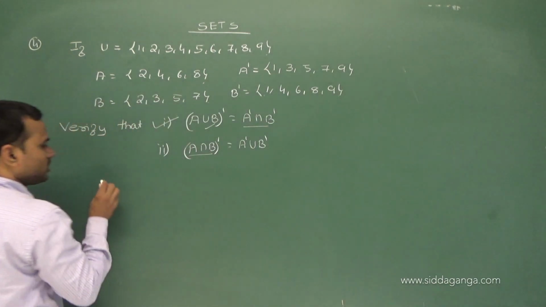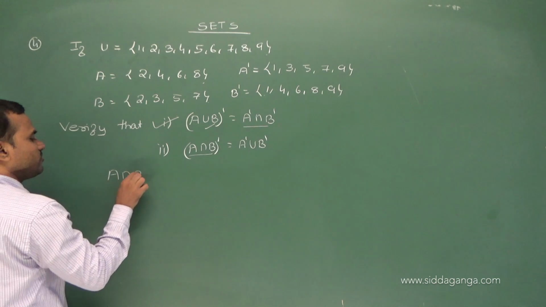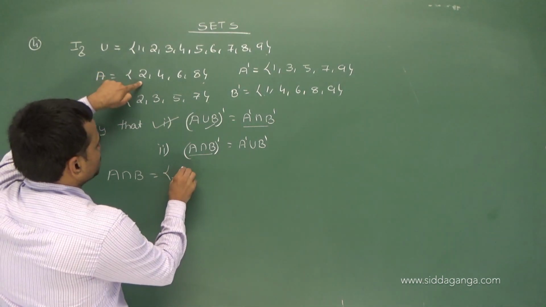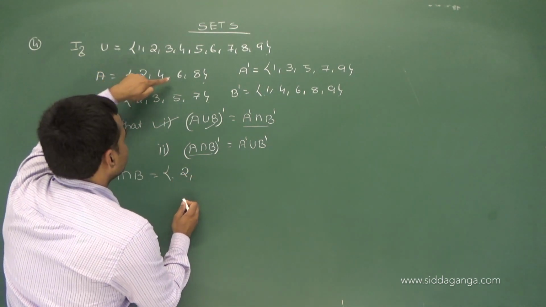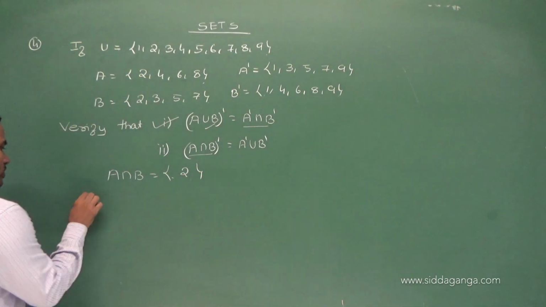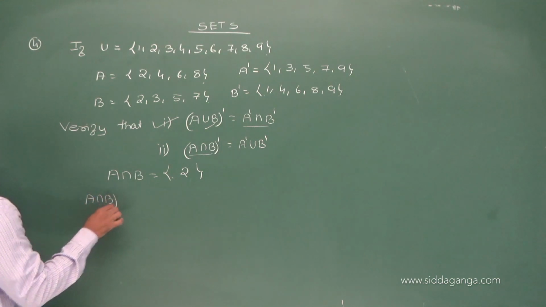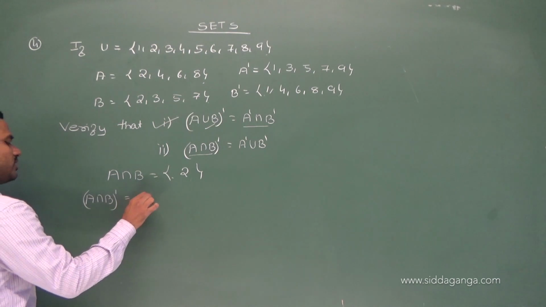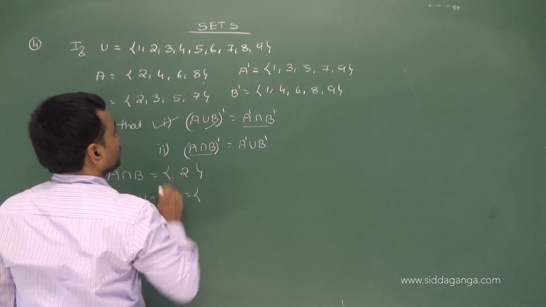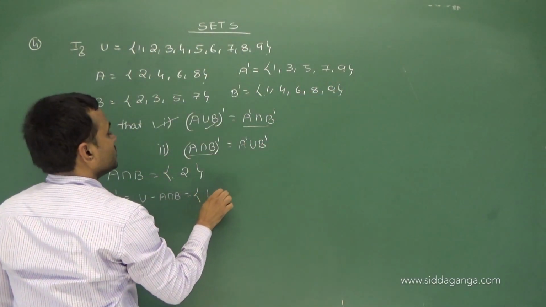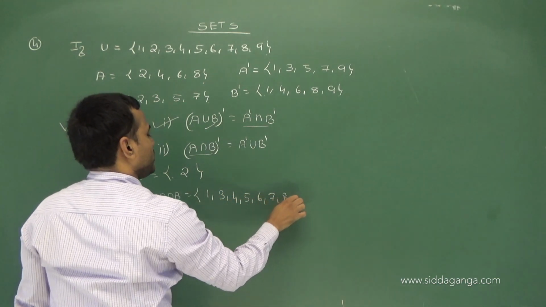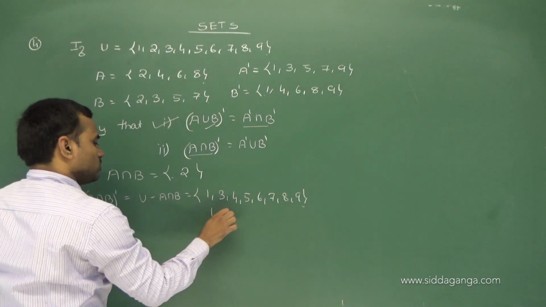Second one, LHS, observe here: A intersection B. Firstly, we find A intersection B, the common elements. 2 is present, 4 no, 6 no, 8 no, only one element. So A intersection B whole dash is nothing but U minus A intersection B. Only one element we left out. We write all the other elements of the universal set: 1, 3, 4, 5, 6, 7, 8, 9. Call it as 1.